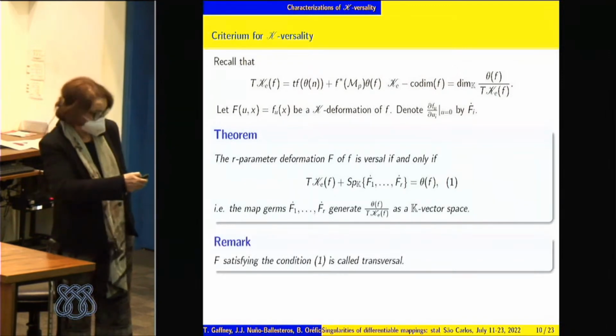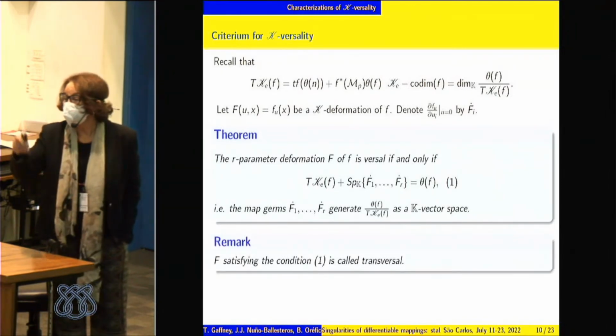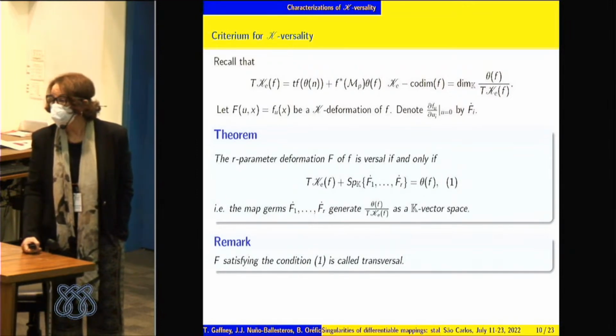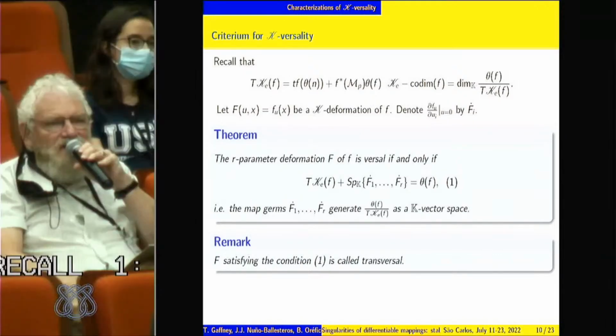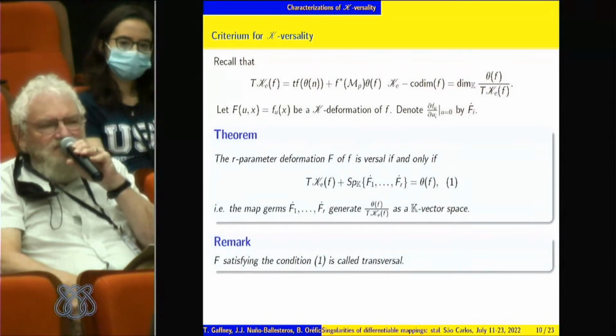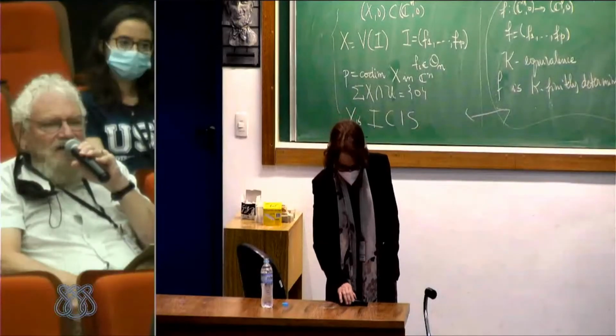Yes, Terry? Do you want to mention how this is exactly the statement that the map given by the unfolding is transverse to the orbit? Yes, yes.